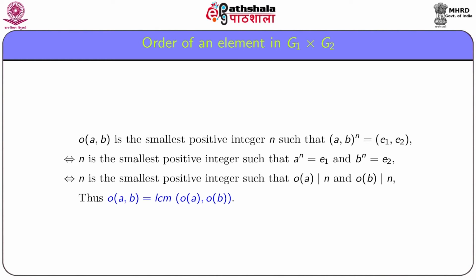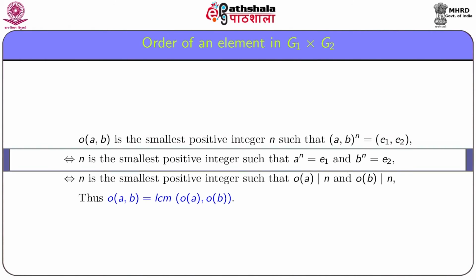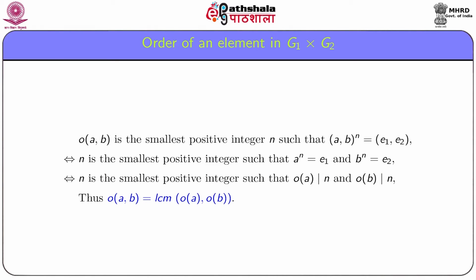Now, what is the order of an arbitrary element in G1 cross G2? Consider an arbitrary element (a, b) from the Cartesian product G1 cross G2. Then n will be the order of (a, b) if and only if it is the smallest positive integer such that (a, b)^n is equal to (e1, e2), the identity element of G1 cross G2.